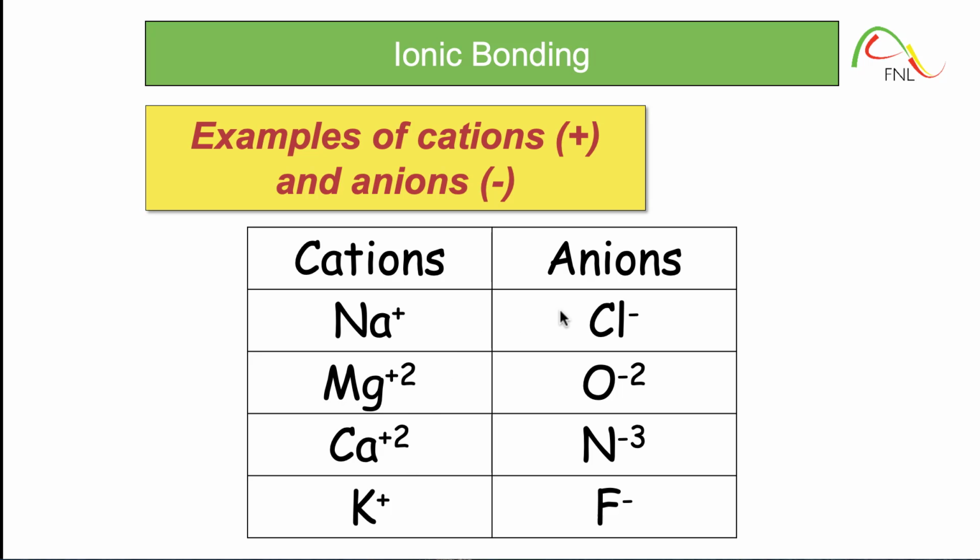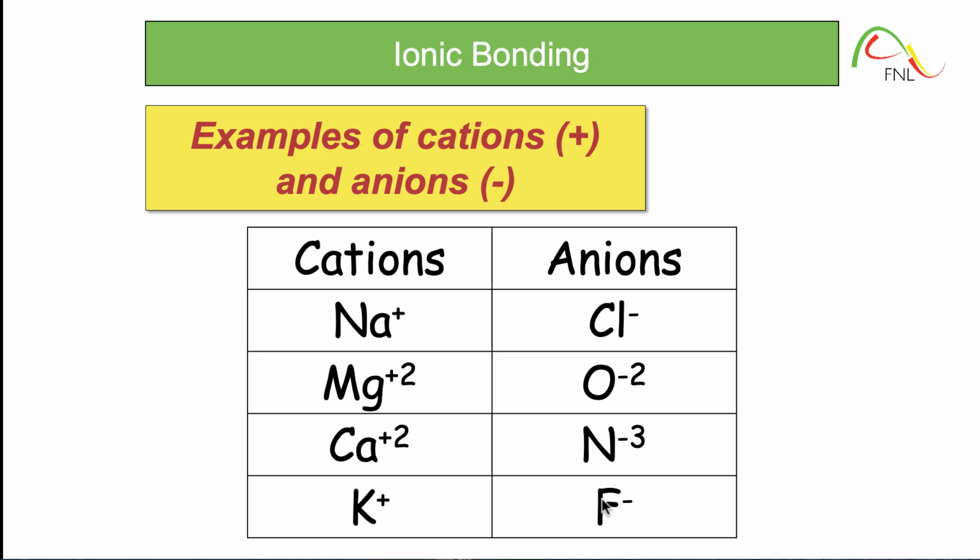Over here we've got the negatively charged non-metals. Chlorine, Cl-. So I'll rephrase that, it should be chloride. When it becomes an ion, the name changes to chloride. Here's chloride, minus. Oxide, minus 2. Oxygen's in group 6, it can gain 2 electrons, hence it gains 2 charges and becomes minus 2. Nitride is in group 5, gains 3 electrons, becomes minus 3.